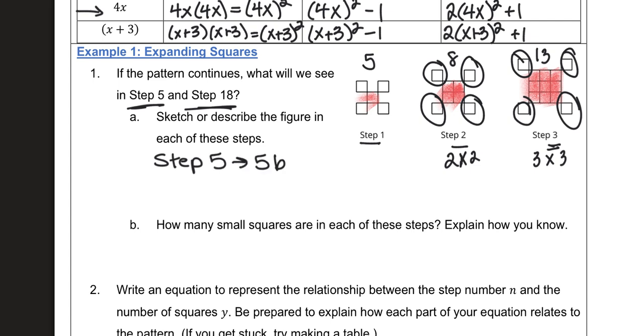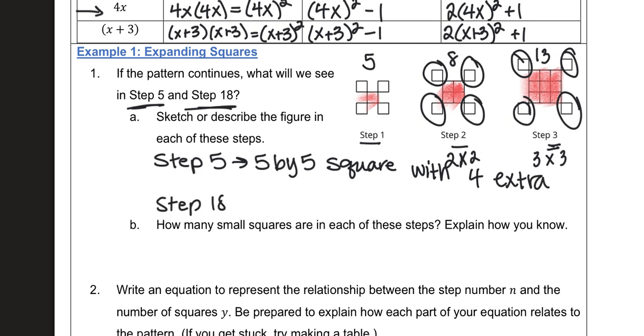We would have a 5 by 5 square with 4 extra, okay, on the edges. And step 18, very similarly, 18 by 18 square with 4 extra on the sides.